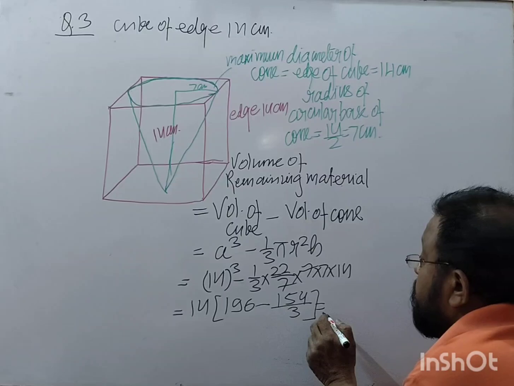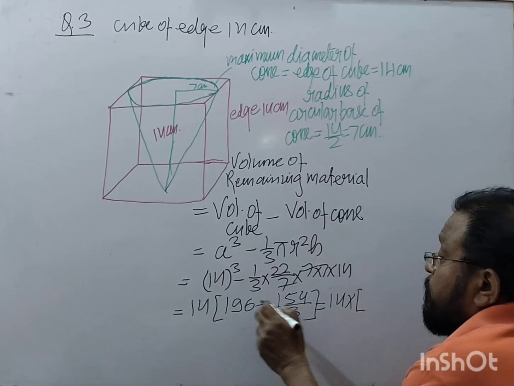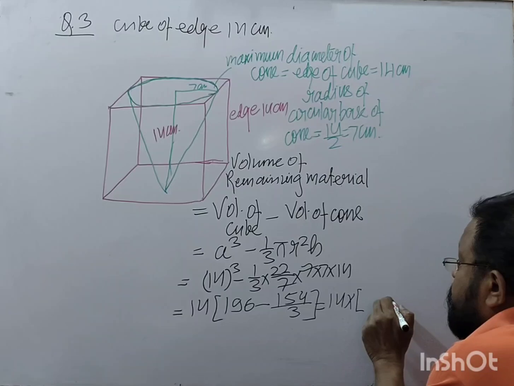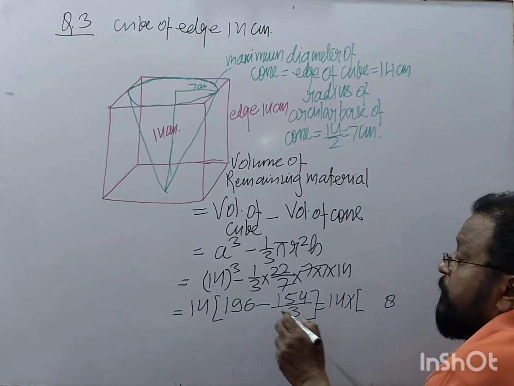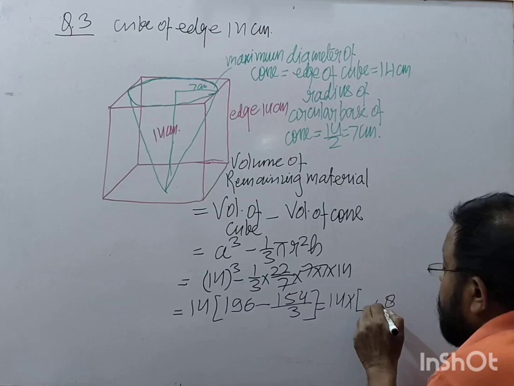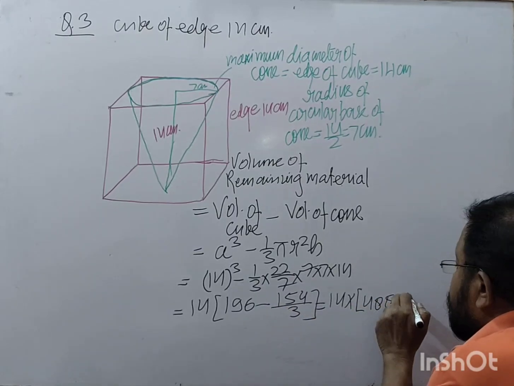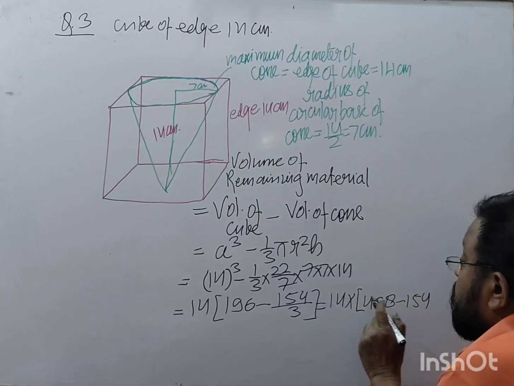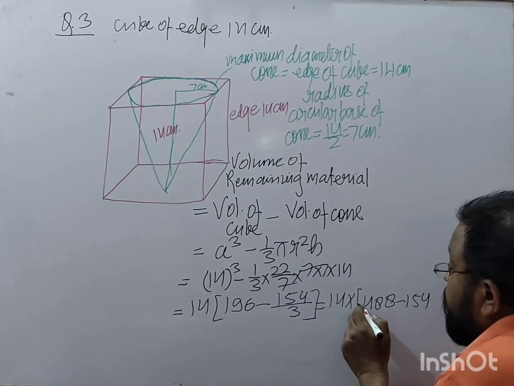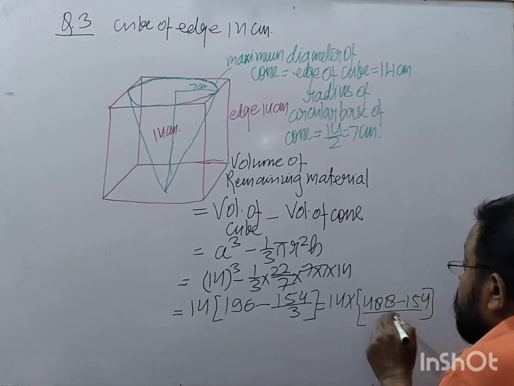So this is 14 into 6 times 3 becomes 18, we get 1. 9 times 3 becomes 27, 128, we get 4. 488 minus 154, 154 upon 3, right?